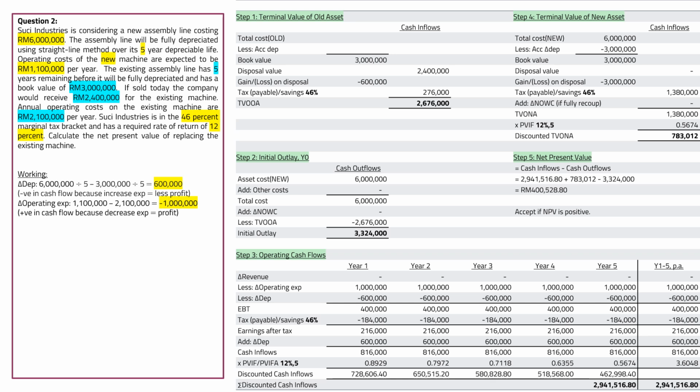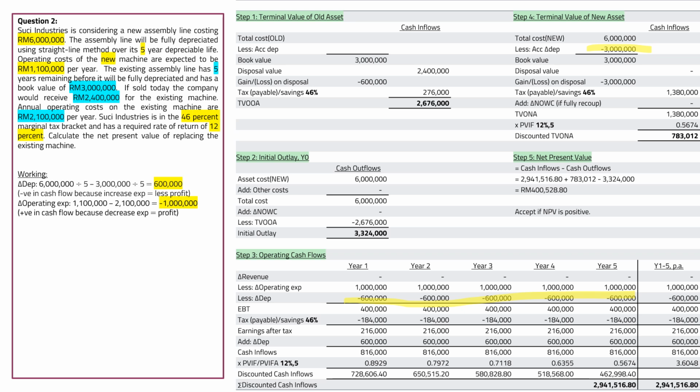There are two things I want to point out from this question. If you look here, the accumulated depreciation of the new asset is 3 million, which we've taken from here. So 600,000 times 5 and we get 3 million.